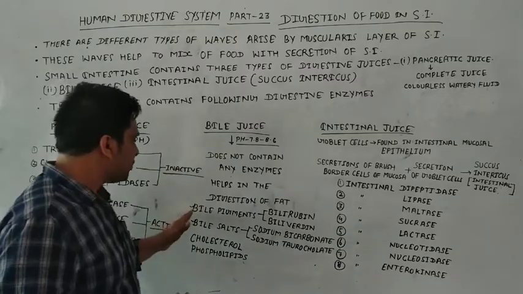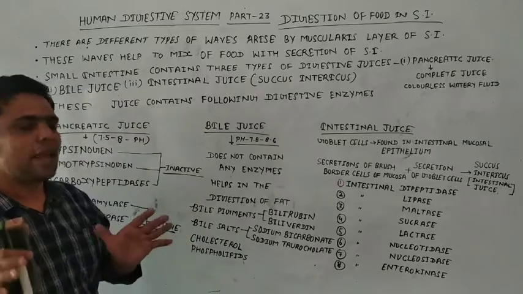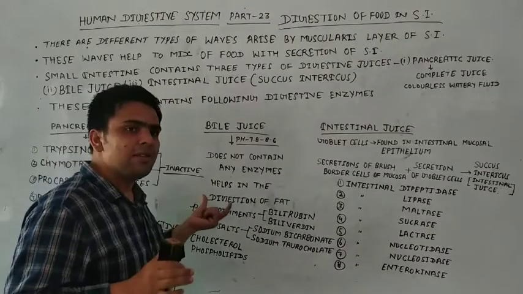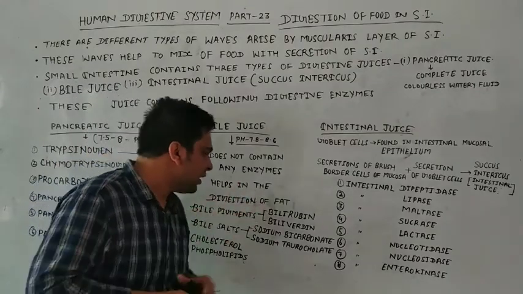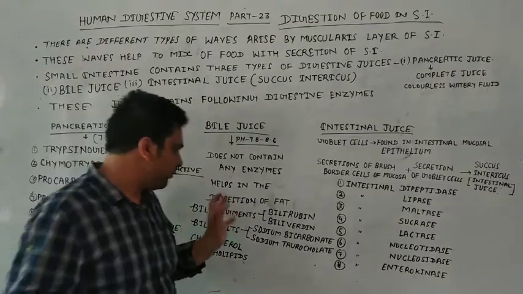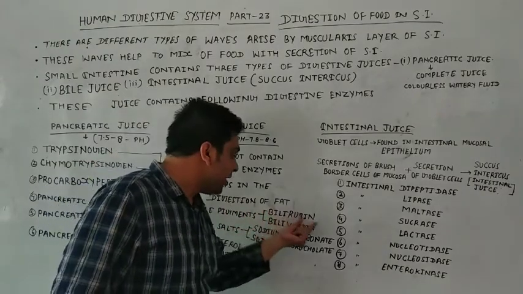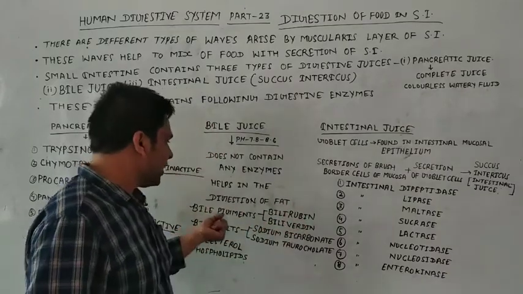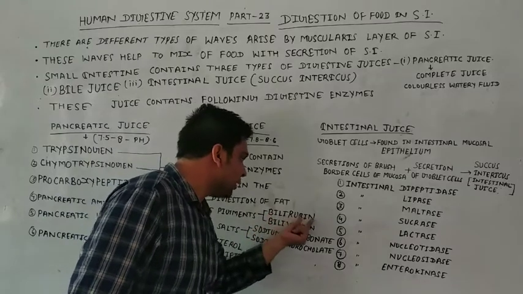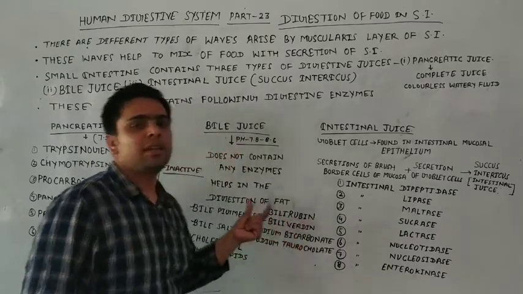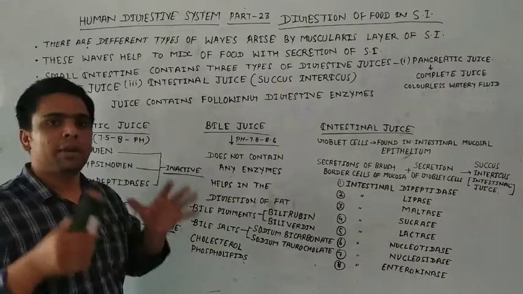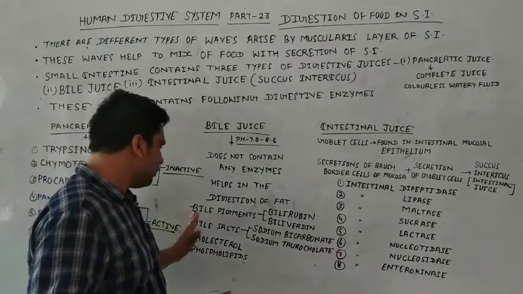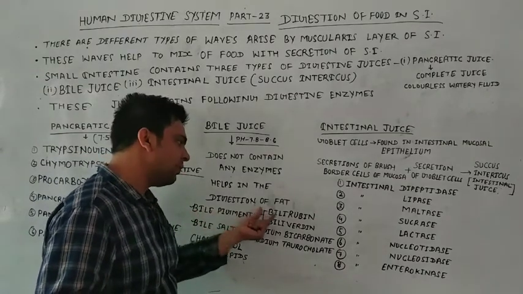There are two important pigments of hemoglobin found in bile juice, known as bile pigments: bilirubin and biliverdin. That's why it is a colorful substance produced by our liver.